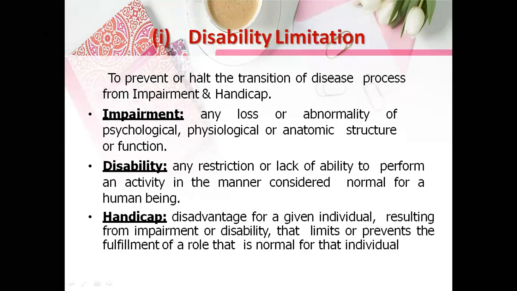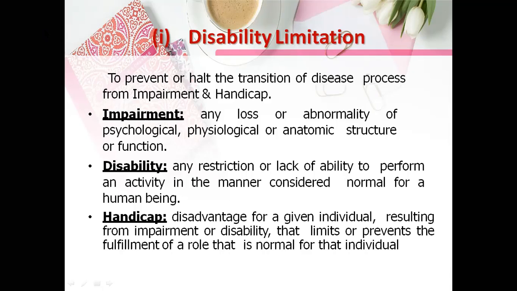What does impairment mean? These words are very confusing. People always confuse disability, handicap and impairment. These are three different terms we use for individuals with limitations. Impairment is any loss or abnormality of psychological, physiological, or anatomical structure or function.